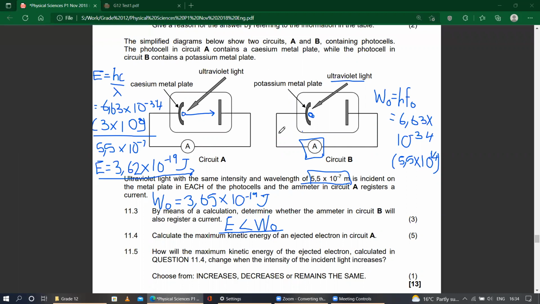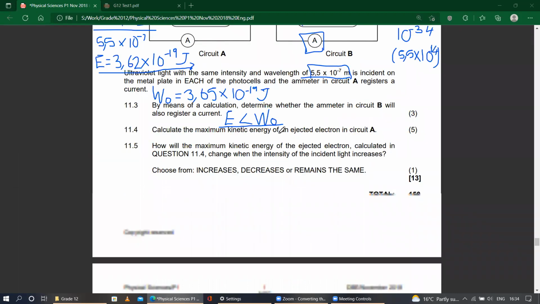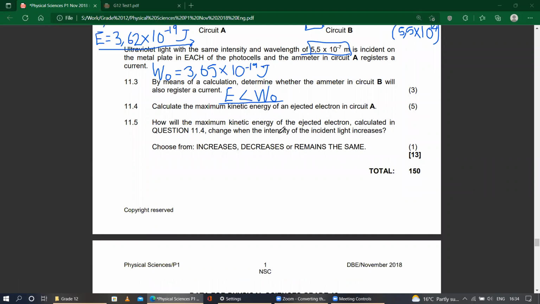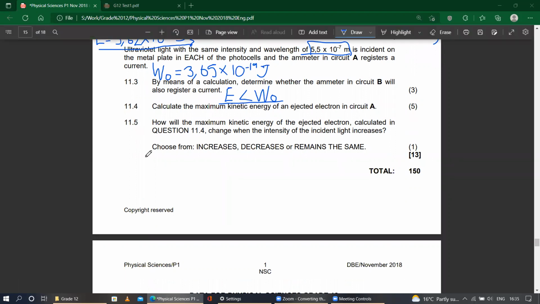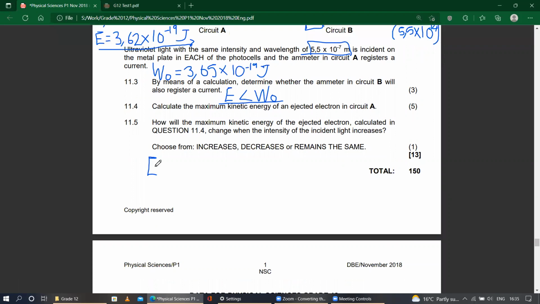So now we're gonna go to 11.4, where they say calculate the maximum kinetic energy of an ejected electron in circuit A. So we know that the total energy is equal to the work function plus the kinetic energy.